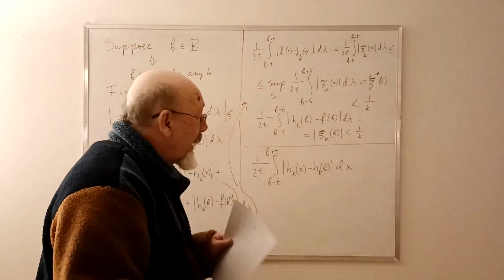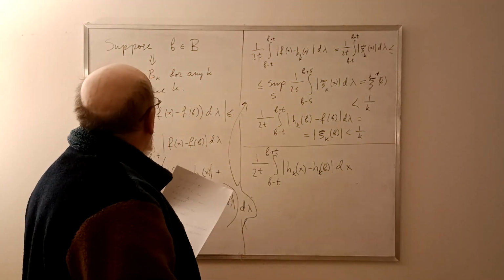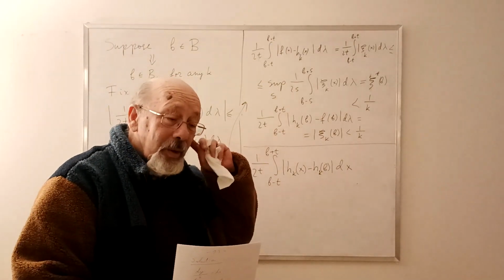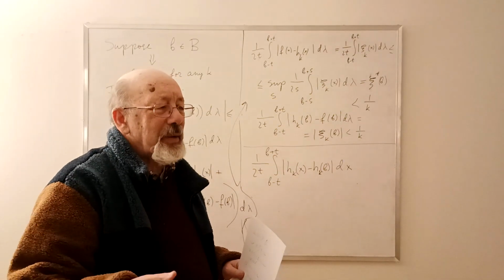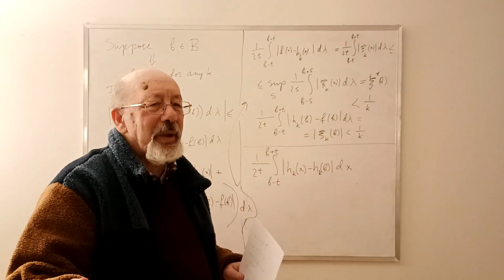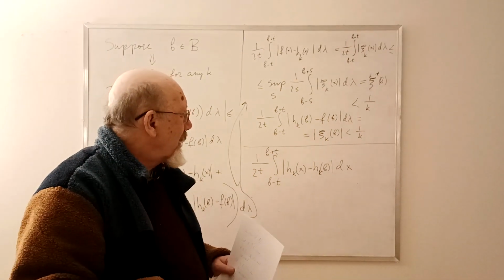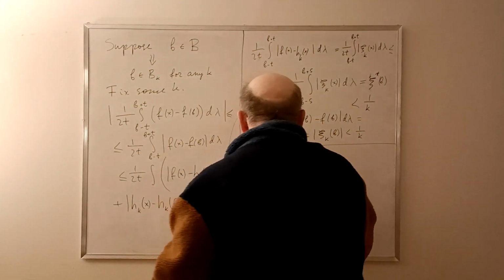Why do I write dx? Because hk is a continuous function. Yes, hk is a continuous function, and the integral of a continuous function is defined in a simple way. It is a Riemann integral. So I don't need any sophistication here.